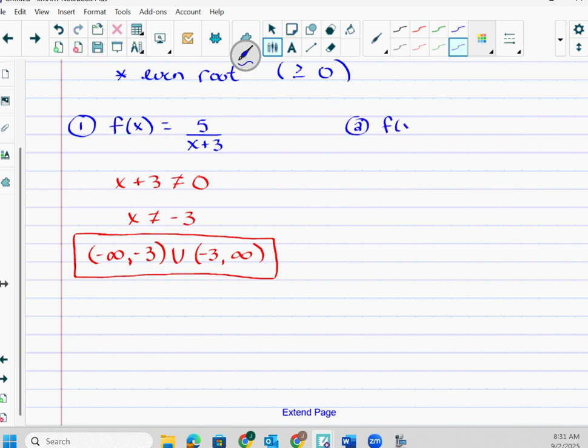All right, you guys try this one. F of x is x squared plus 5 over 2x minus 4.